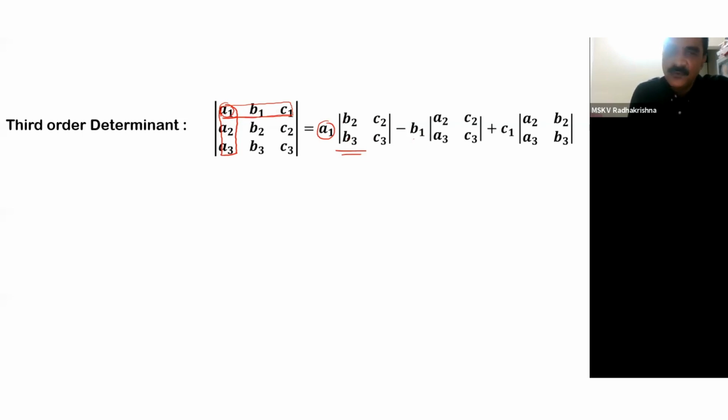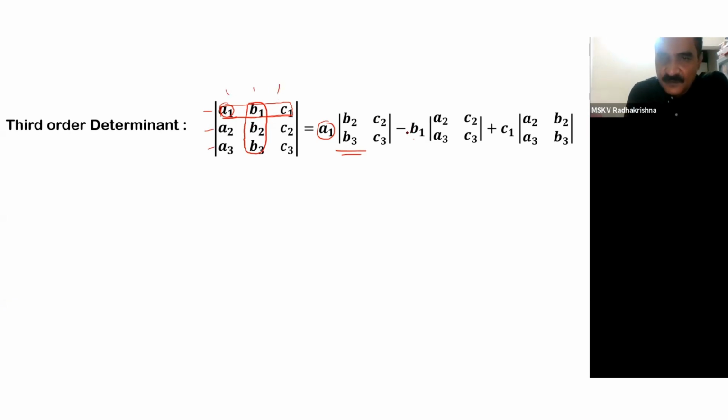Minus B1 into same method. This time, remove the row containing B1 and column containing B1. Column containing B1 is this second column. These are called rows and these are called columns.